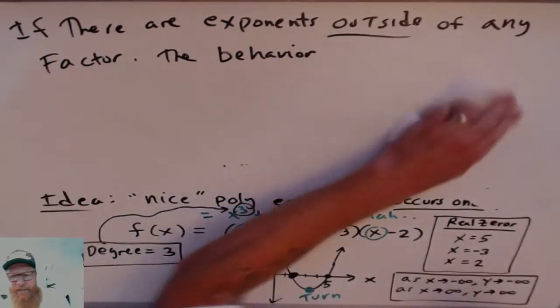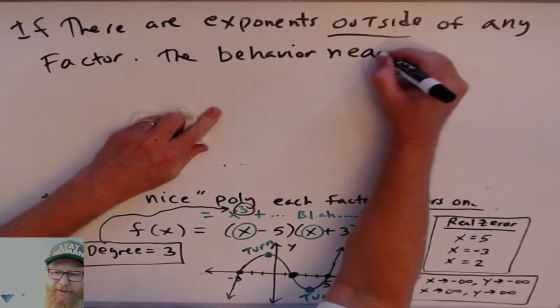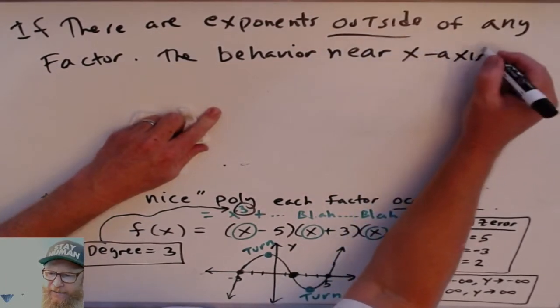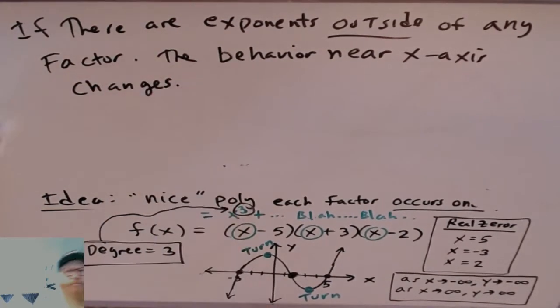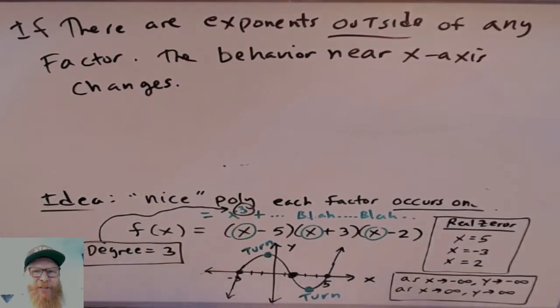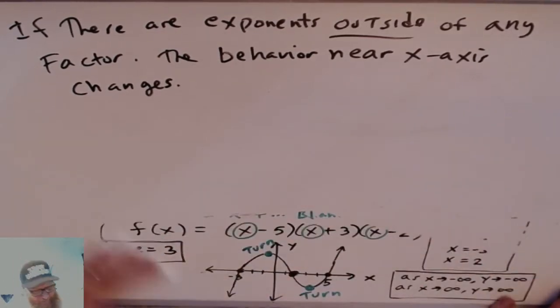And I'm going to call this not the end behavior, but the behavior near the x-axis changes. So let's look at how that could happen.